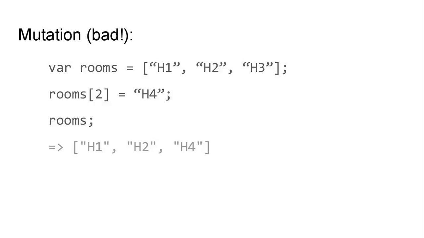And so then we have rooms has actually changed. We went from h1, h2, h3 to h1, h2, h4. So that is still stored in the variable rooms, but we've actually changed something in place. And this is something that functional programming avoids because this can cause a lot of problems. And this is part of the reason why we get into trouble with these sort of object-oriented approaches.